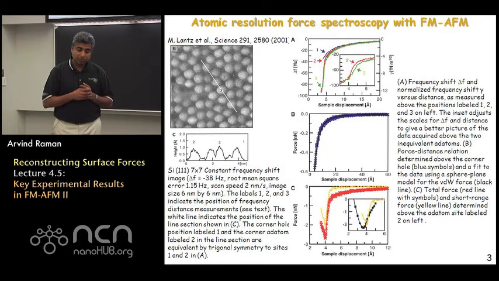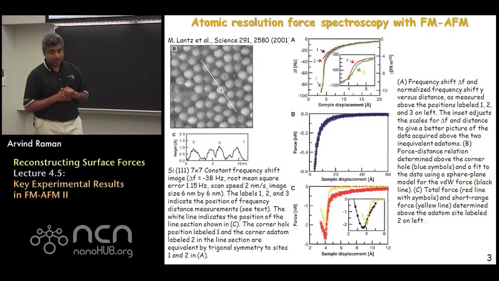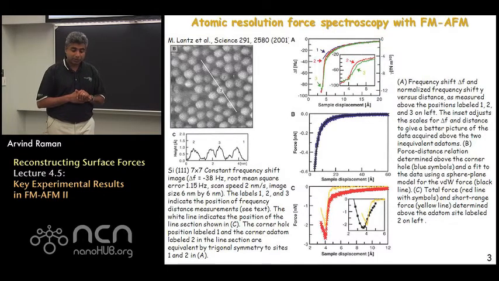One of the earliest works that actually demonstrated this was by Lantz and co-workers out of Ernst Meyer's group in Switzerland. What one sees in the top left here are atomic resolution images of the silicon 111 surface.